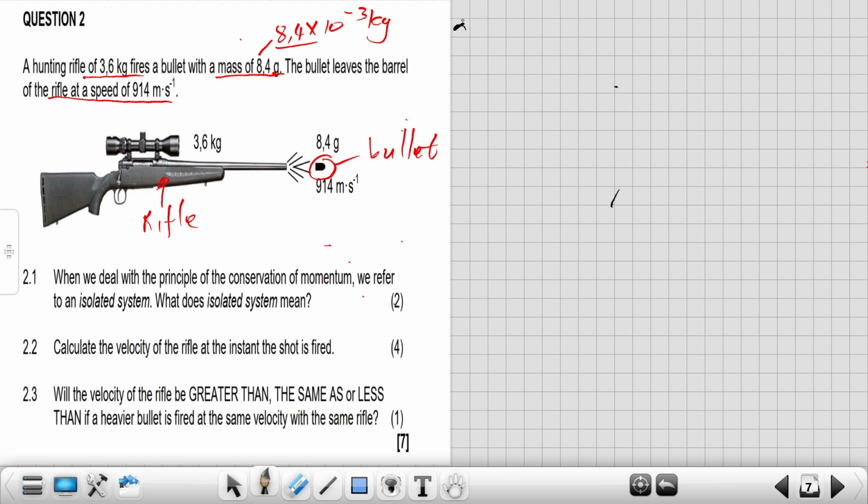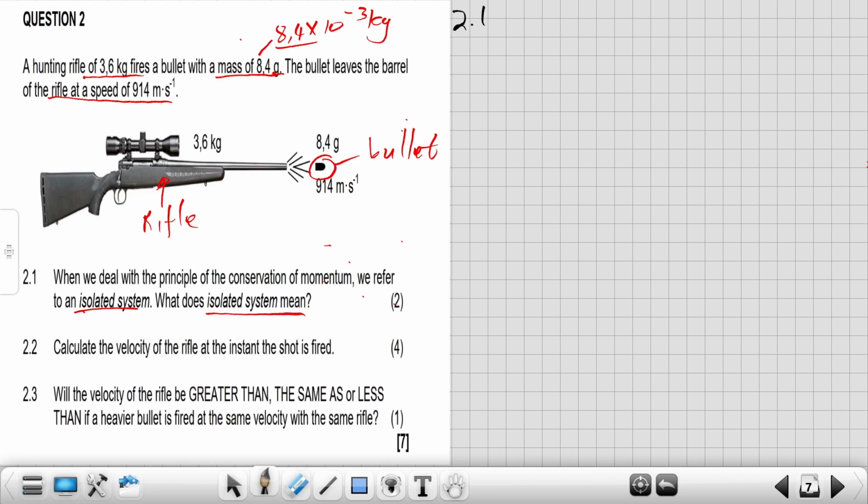So at 2.1, when we deal with the principle of conservation of momentum, we refer to an isolated system. What does the term isolated system mean? Remember, it is a definition, so it is either true or zero. No part marking, so you must give the correct definition.